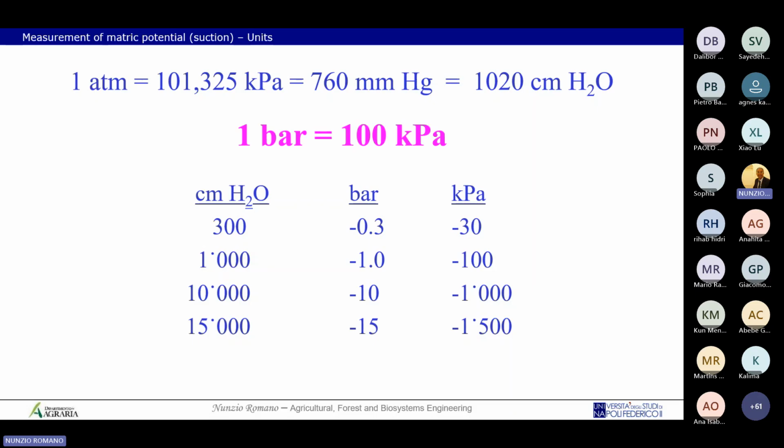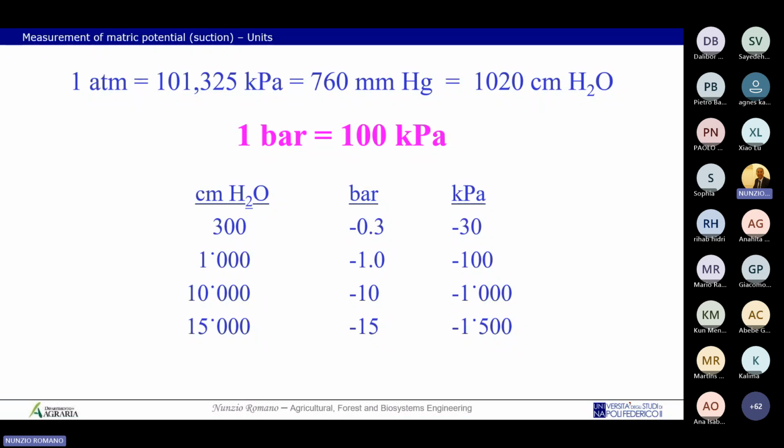In practical applications it does not make any real sense to have all these other decimals or digits. So usually we refer to the atmospheric pressure in terms of bar. So 1 bar is the equivalent of 100 kilopascal.